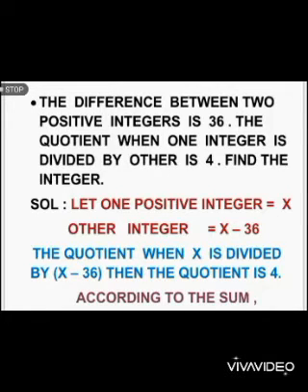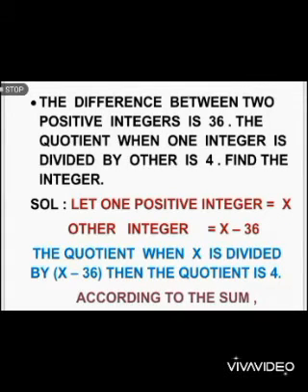Now again according to the condition given in the question, the quotient when one integer, which we have considered x, is divided by the other integer, that is x minus 36, is 4.